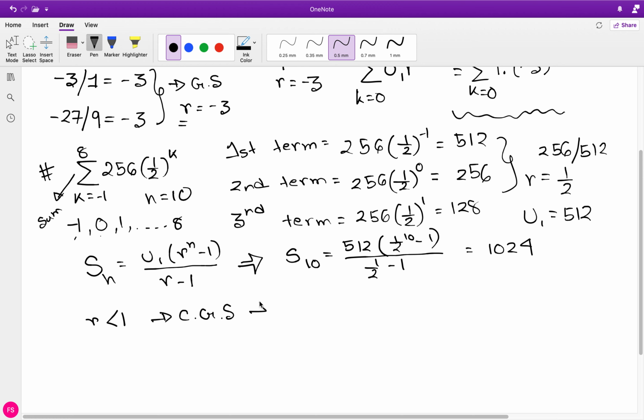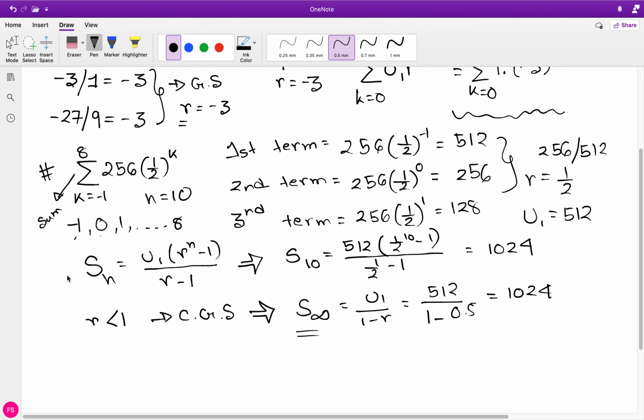You can use the sum to infinity, which equals u1 over 1 minus r. The first term in this case is 512, divided by 1 minus the common ratio, which is 0.5. This will also give you 1024. So when this ratio is less than 1, you don't have to do all this calculation. You can just use the sum to infinity and find the sum straight away.